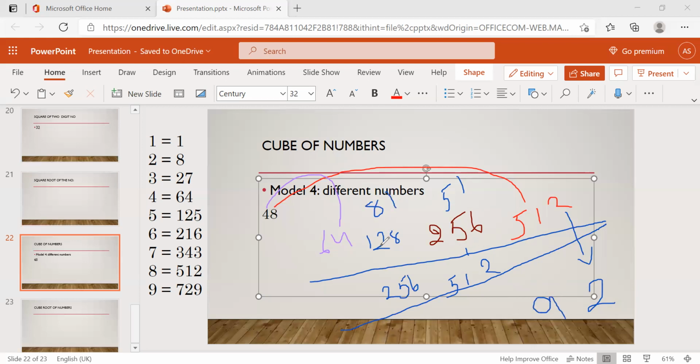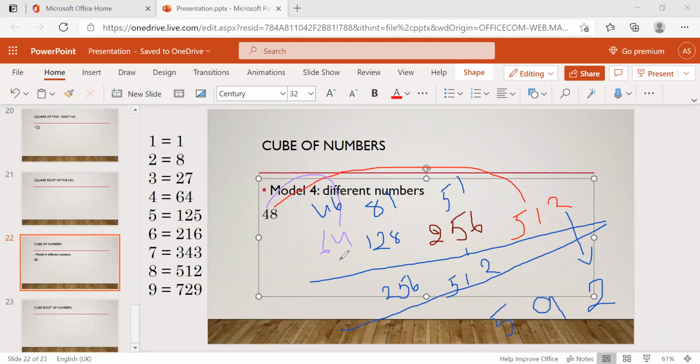Okay. 81 is carry now. Now 256 plus 128, it is nothing but 384. 384 plus 81, so 465. 46 here, 5 here.